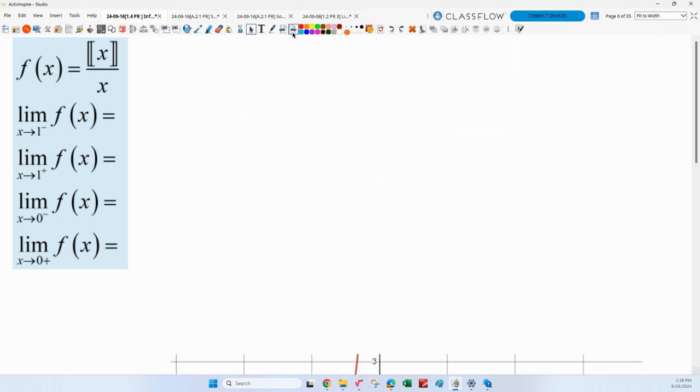If we define the function f of x equals the floor of x divided by x, what's the limit of that function as x approaches 1 from the left? If I evaluate directly, what do I get?